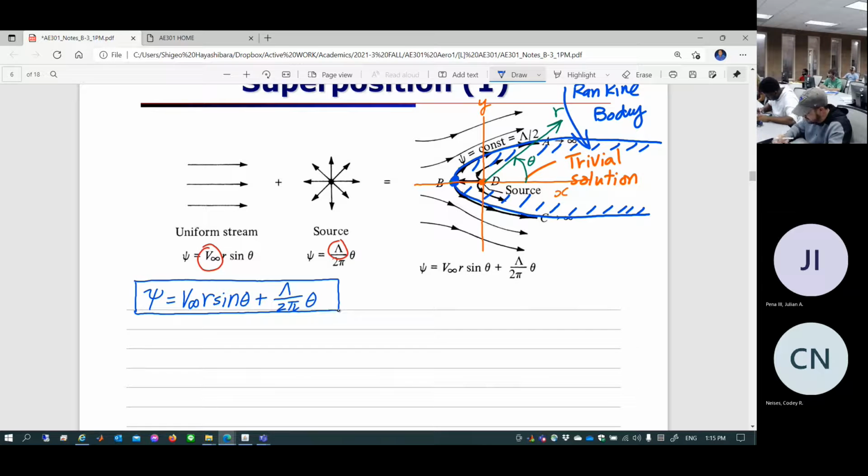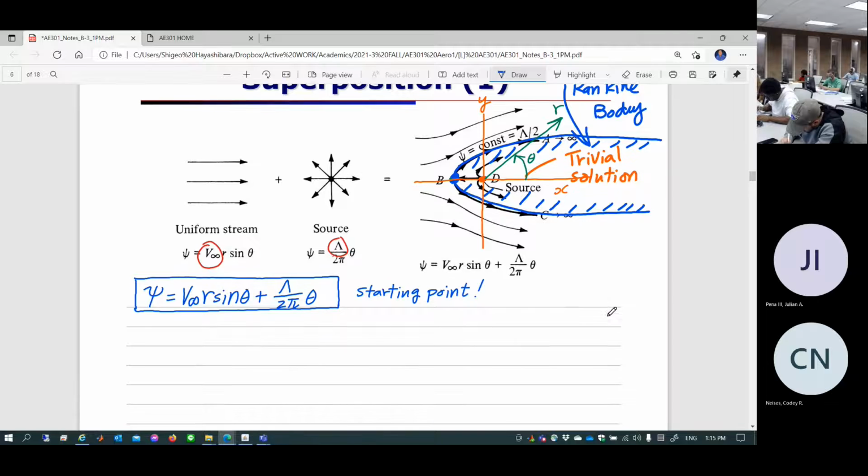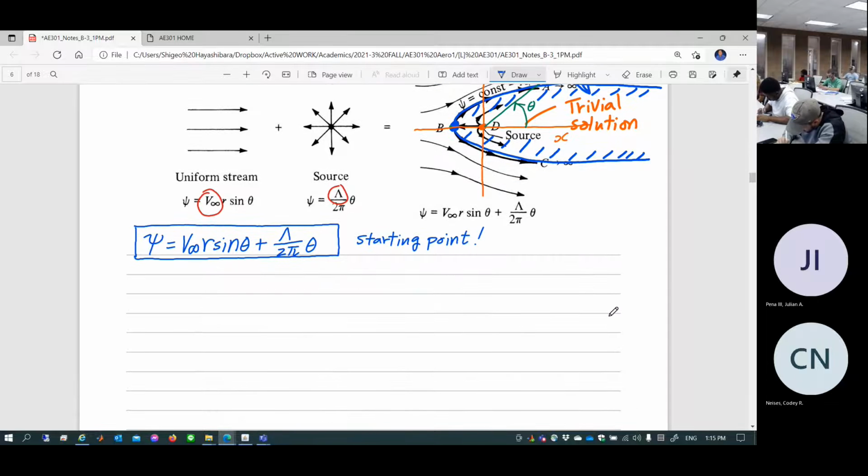This is the starting point. The starting point is your given stream function of this flow field, because somebody in the past actually solved those things and has it ready for you. So you're just going to pick it up and combine those two.